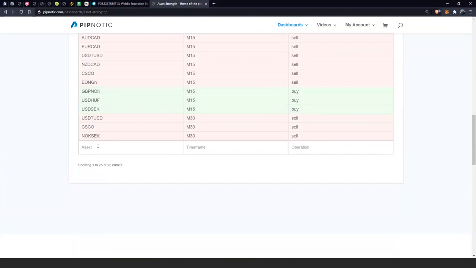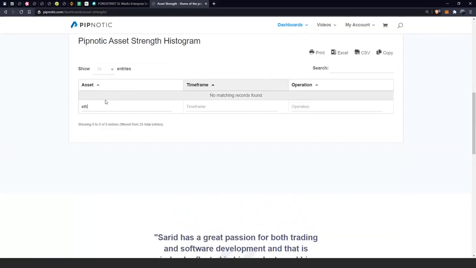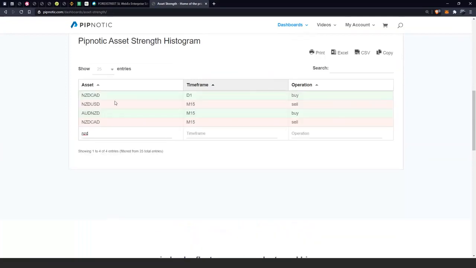So if you're looking at Ethereum, is there anything there? Nothing there. What about the Kiwi NZD? You get all the Kiwi pairs here. So you can just grab these and jump to that chart and have a look. But just keep your eye on those. Maybe they're interesting. If you have any questions about it, let me know.